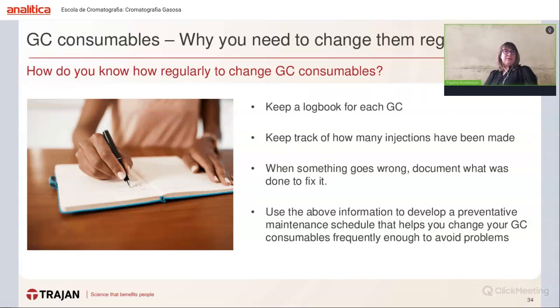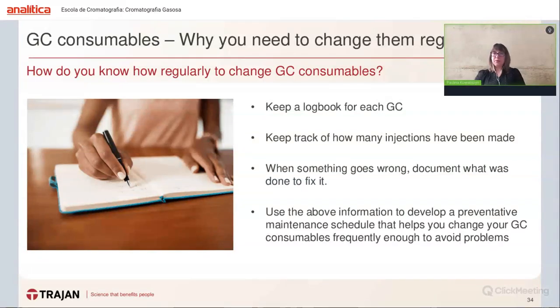So going back again to the topic of the GC consumables and why we need to change them regularly, and why we need to check them on a regular basis. I hope after this session and the last sessions, you're well aware what consequences we can see and how our consumables can help us to improve our results. So here are the key things to have in mind to know how often we should change the GC consumables.